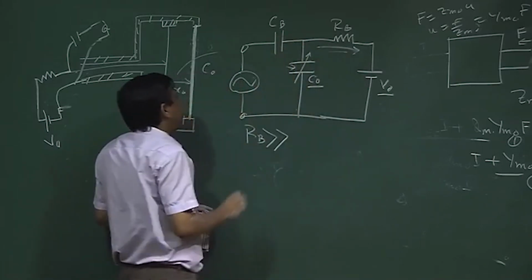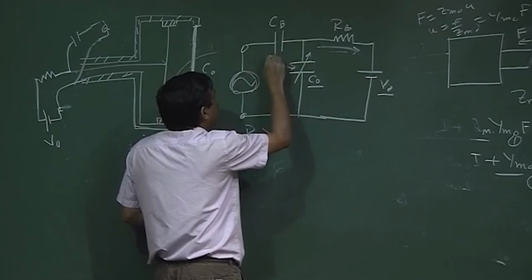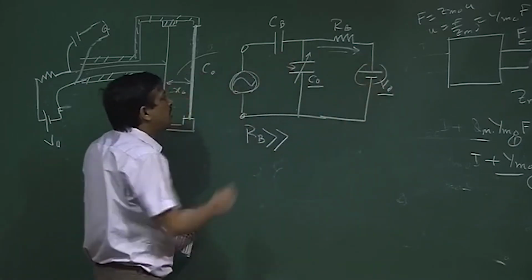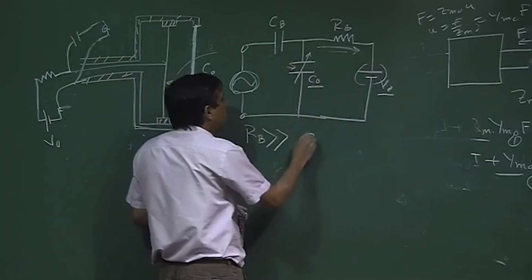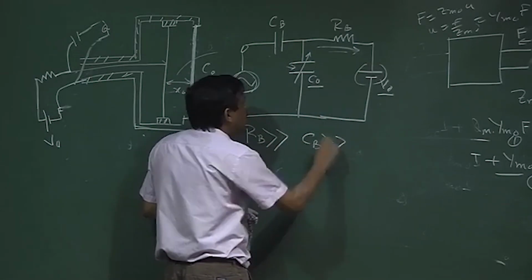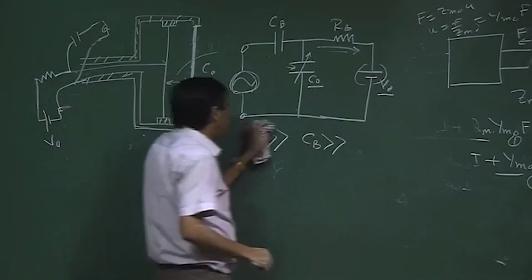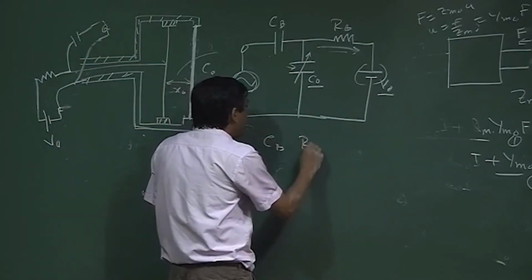And why is CB there? There is a source, and this source should not be affected by this DC voltage. So, the DC voltage will be blocked by this CB capacitance. So, CB should be very high compared to C0. Electrically, I can neglect the effect of CB and RB.